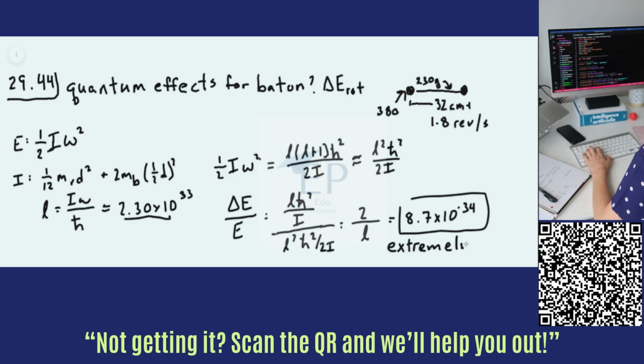And so the fact that the rotational energy levels may be discretized because of quantum mechanics is irrelevant here. And so we can say, based on a quantitative analysis now, that no, the quantum mechanical effects of macroscopic rotating objects are not relevant.